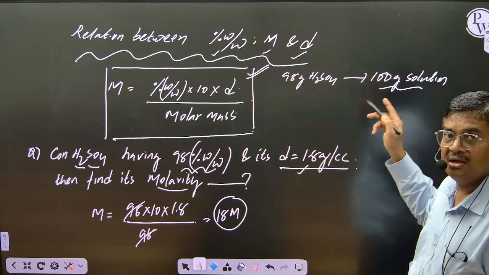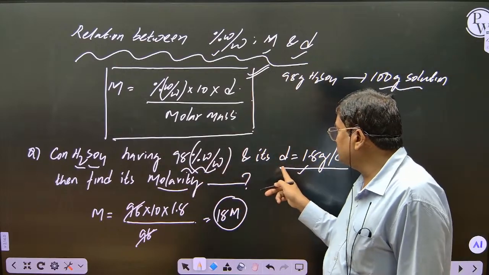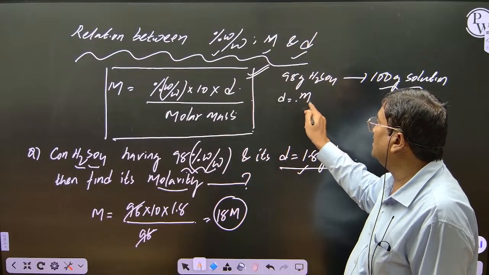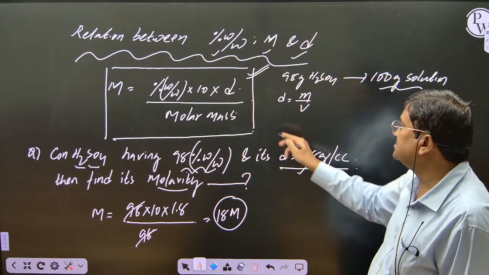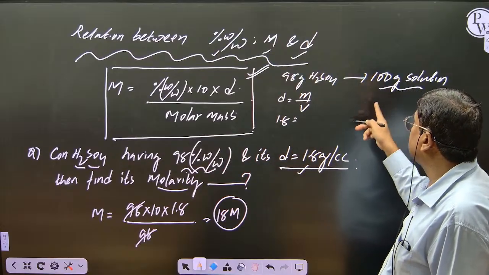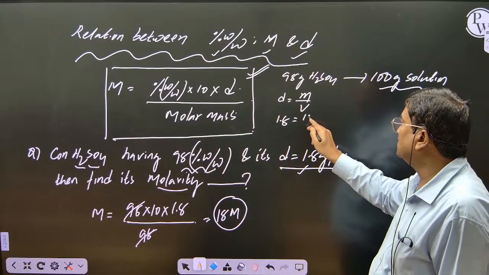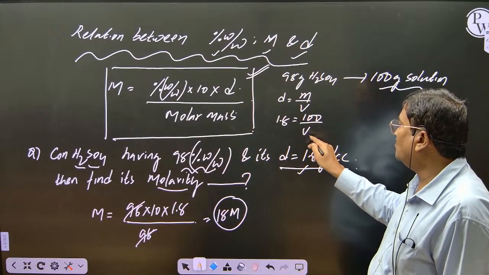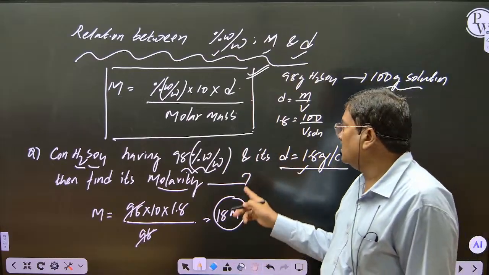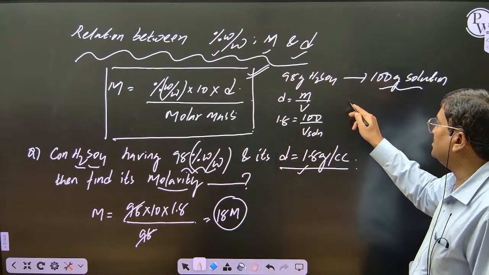Clear? Now density given means something to do with density. What is density? Mass per unit volume. Density of the solution given to us is 1.8. Mass of solution we know, 100. And what is unknown? Volume of solution we have to find. Getting idea? Now from this obtain the volume of solution.